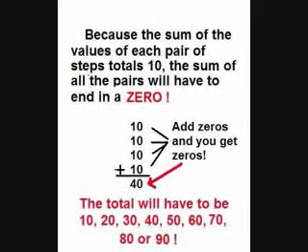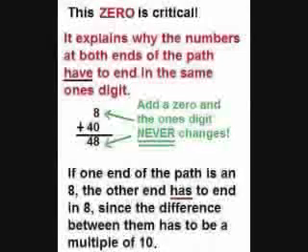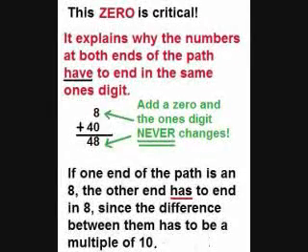Because the sum of the values of each pair of steps totals 10, the sum of all of the pairs will have to end in a 0. The total will have to be 10, 20, 30, 40, or so on. This 0 is critical. It explains why the numbers at both ends of the path have to end in the same ones digit.